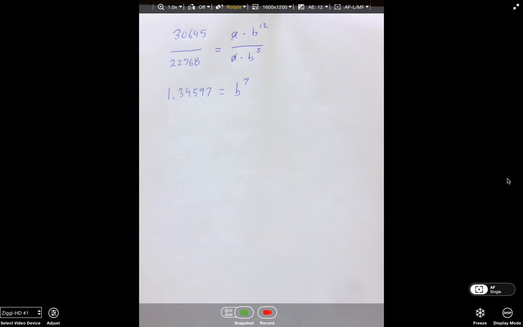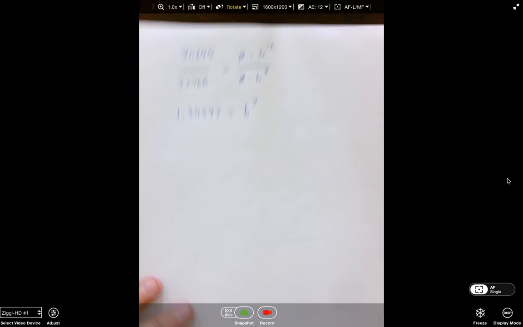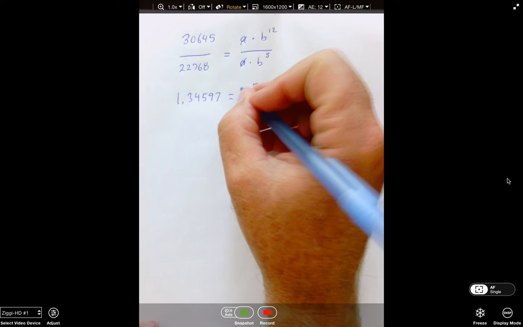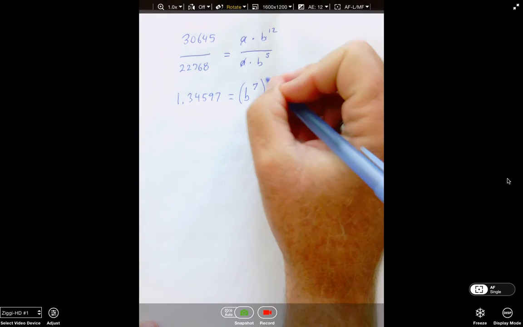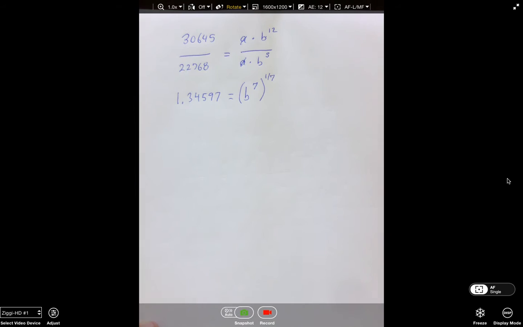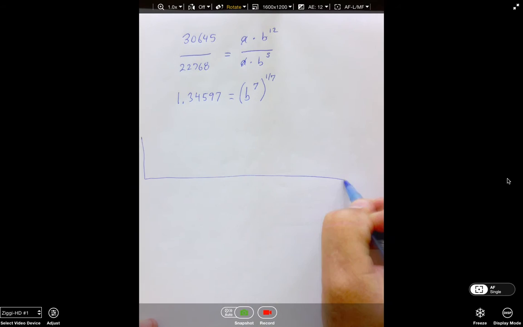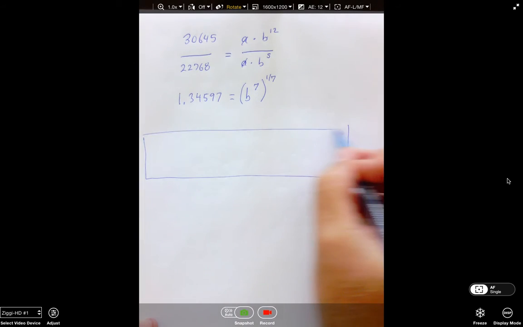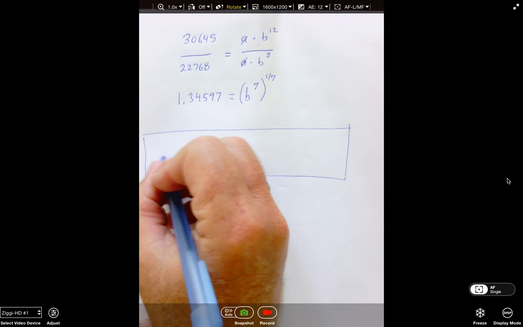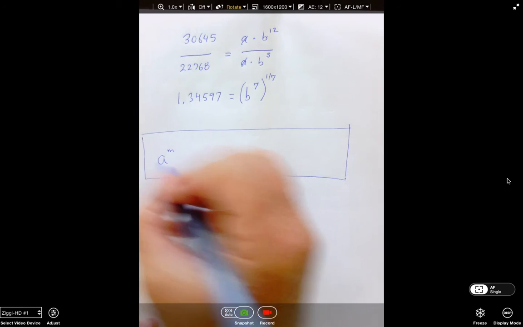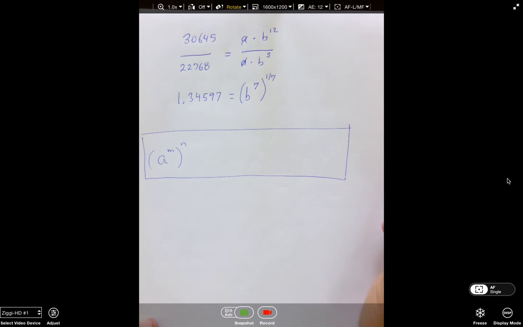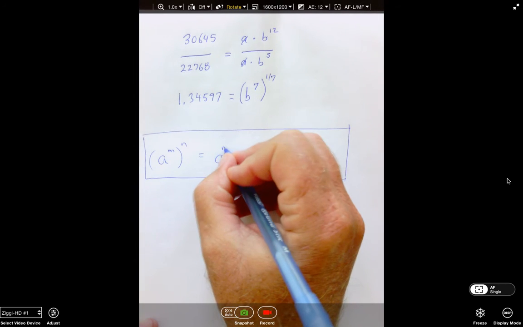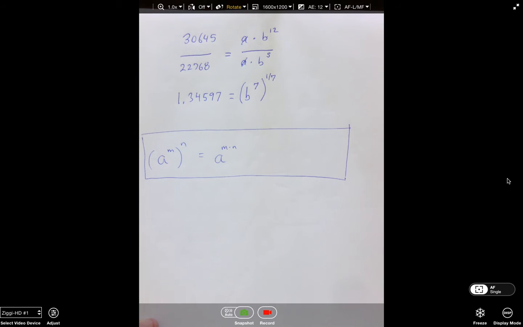Now, here's a trick. What we're going to do now is we're going to exponentiate both sides to the inverse of, or at least the reciprocal of, the exponent. Now, guys, aside here, there is a property of exponents that says if we have a to the mth raised to the nth power, then this is just a to the m times n.